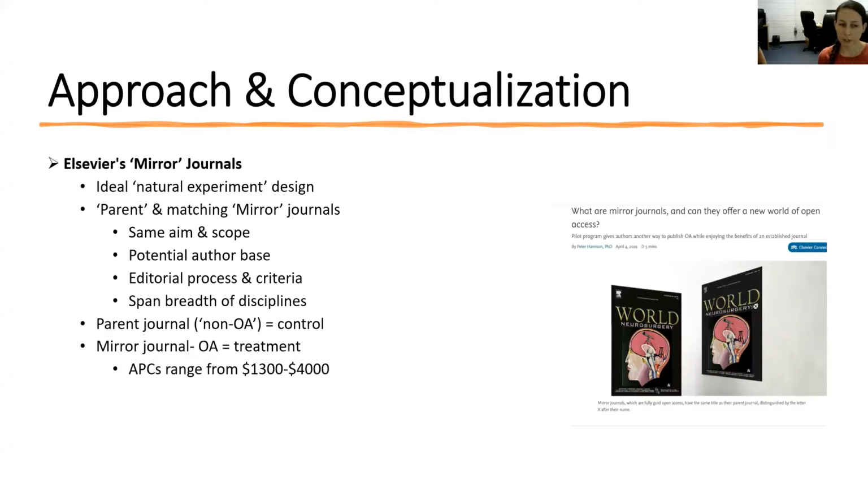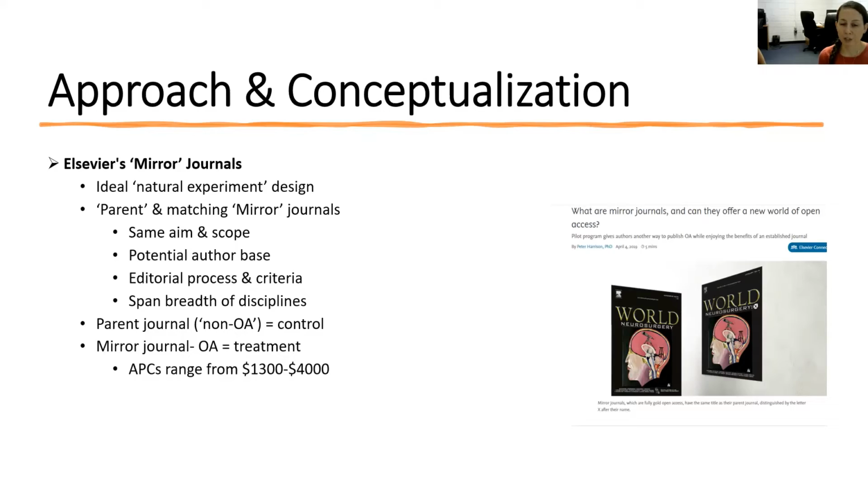So in this image, you can see World Neurosurgery is the traditional parent journal, and the mirror journal is World Neurosurgery X. And the idea is that both of these journals have the same aim and scope, the same potential author base, the same editorial process and criteria for submission. And in fact, when you submit, even the editors don't necessarily know which journal you submitted to. So that helps control for any potential differences in why someone might choose an OA journal versus a non-OA journal.